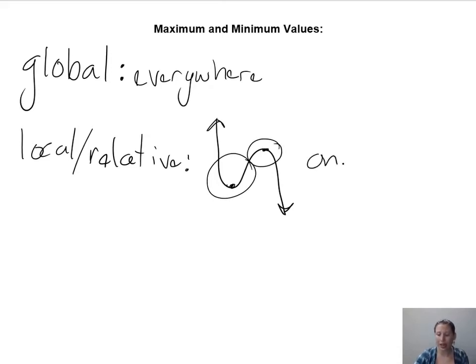So it's on a section. Okay. So then endpoints, well, that one's kind of obvious. Endpoint max min just means if it has an endpoint. If it starts or stops, right, then those could be maximums or minimums, depending. Okay, we'll look at an example that has that.